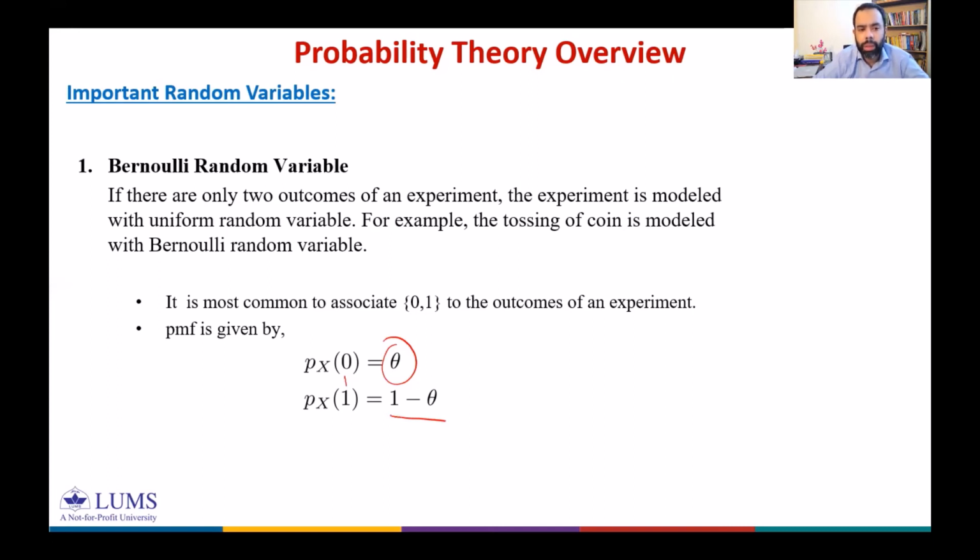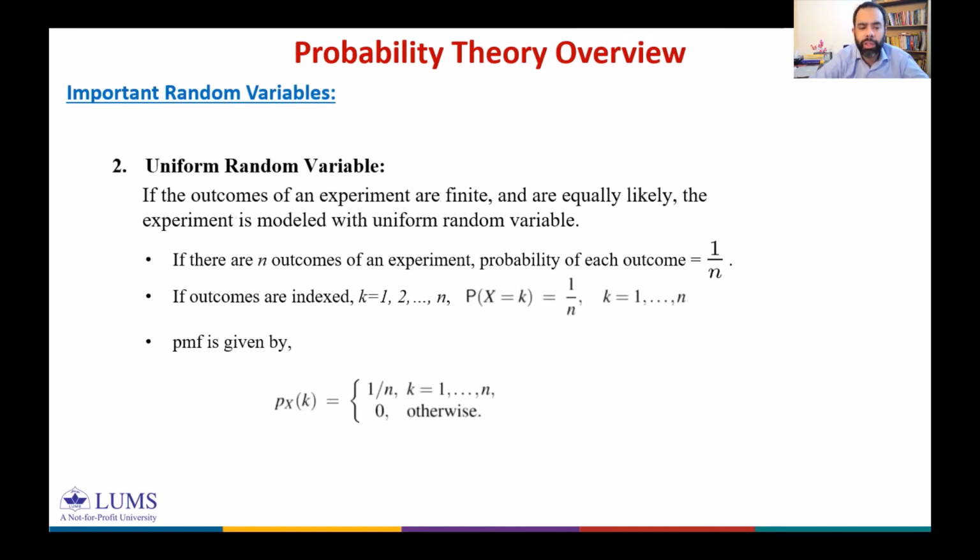Another commonly encountered discrete random variable is a uniform random variable. If the outcomes of the experiment are finite and are equally likely. Right? So you have n outcomes and each outcome is equally likely. So the probability of each outcome would be 1 over n.